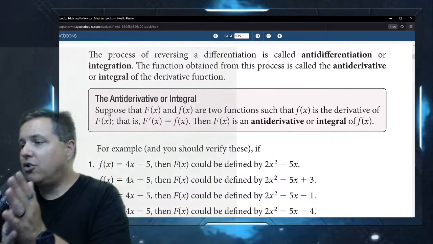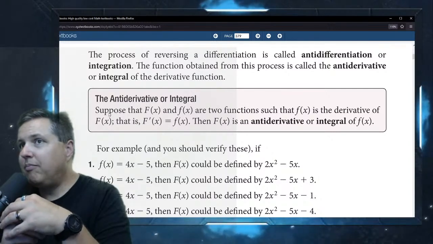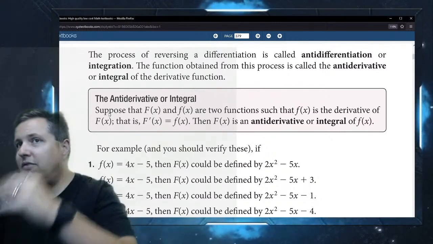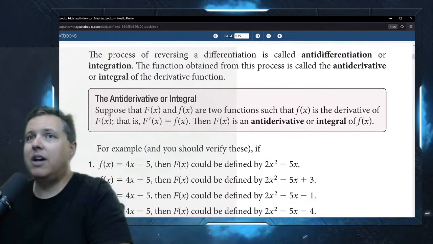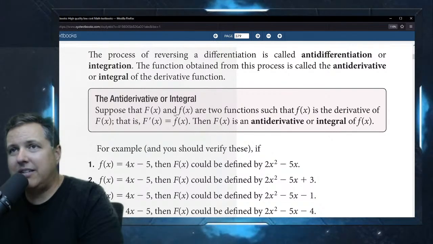If something is the derivative, you use lowercase f. If something is the parent function, the thing whose derivative is little f of x, then we call it capital F of x. So in other words, if you take capital F of x and take the derivative, you get lowercase f of x. That's the relationship right here.